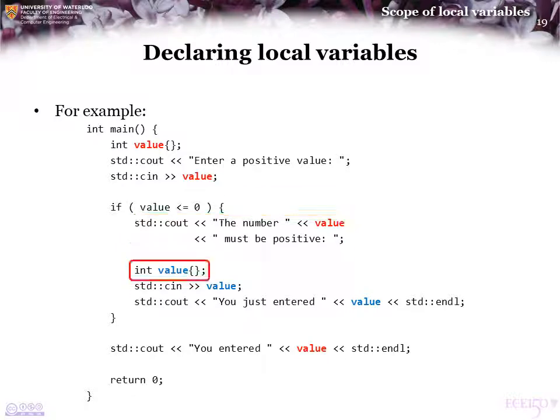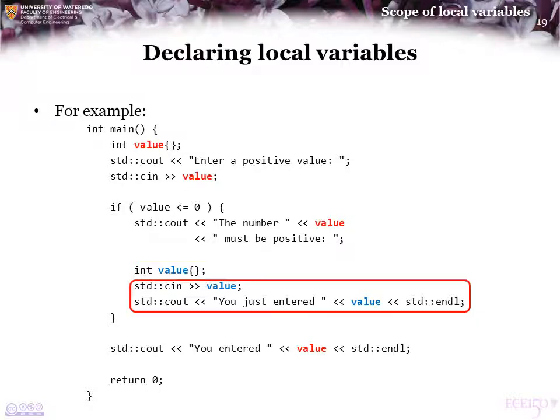However, the student just cut and paste the same block of code approximately and accidentally redeclared the identifier value to be of type int. Well, as far as the compiler is concerned, this is now a new local variable that is independent of the first local variable named value.